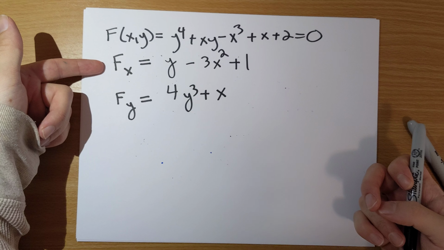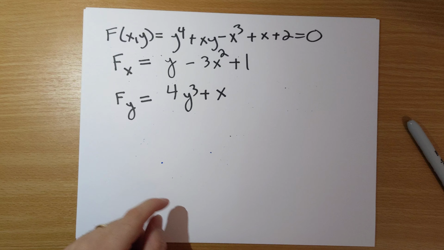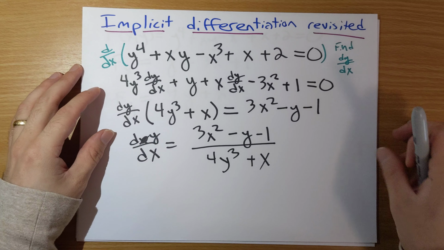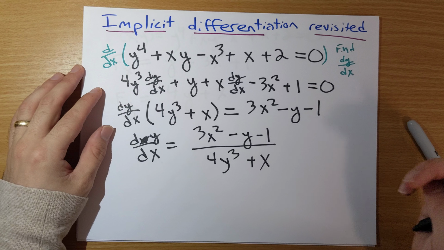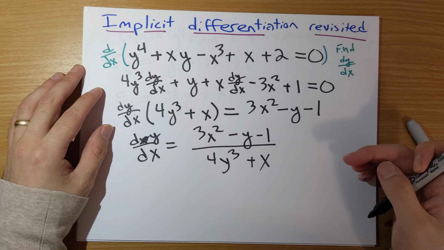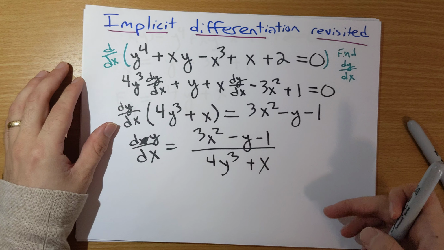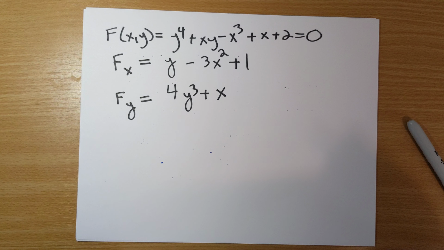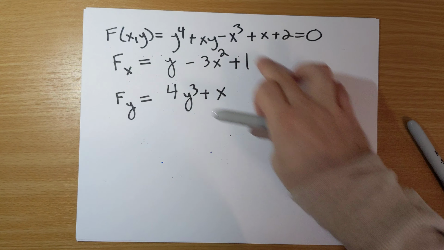So here's our x partial derivative, here's our y partial derivative. Take a good look at these two things. And now take a good long look at the dy dx that we came up with on the previous slide. Are there any similarities? Can you go between this and this?